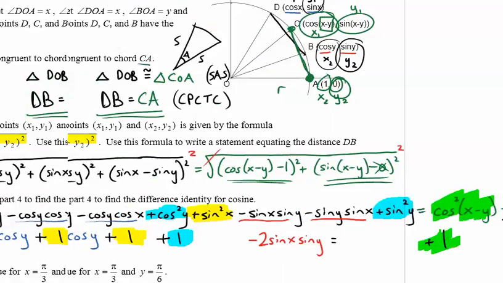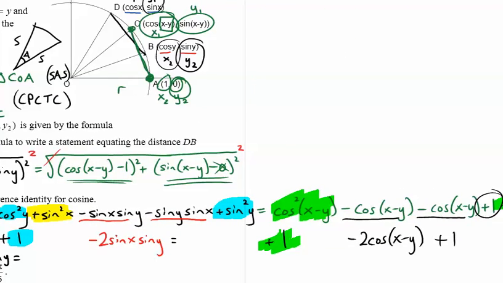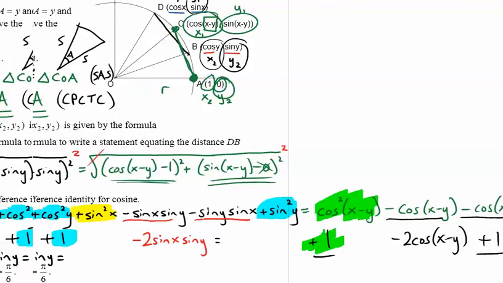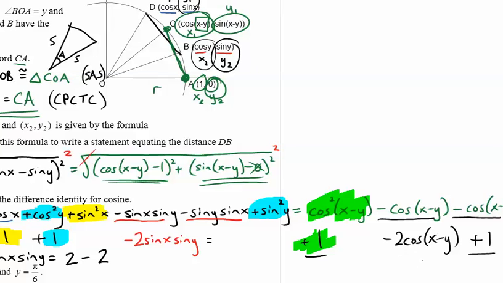So all together on the left-hand side, I have 2 minus 2 cos x cos y minus 2 sine x sine y. On the right-hand side, I have 2 minus 2 cos(x−y).